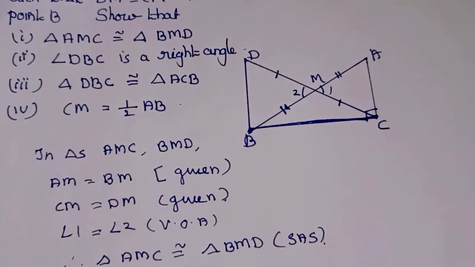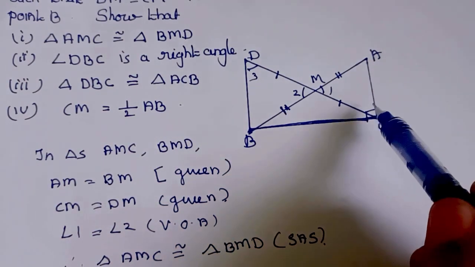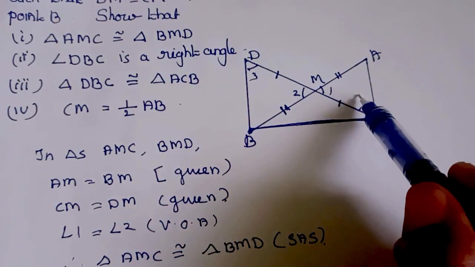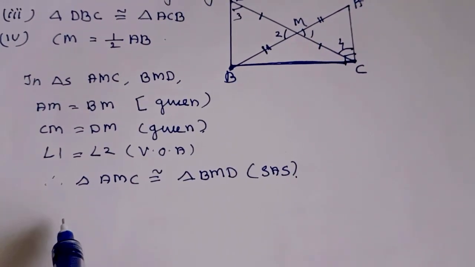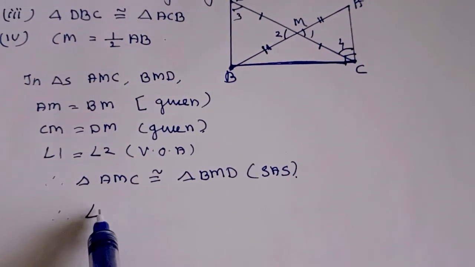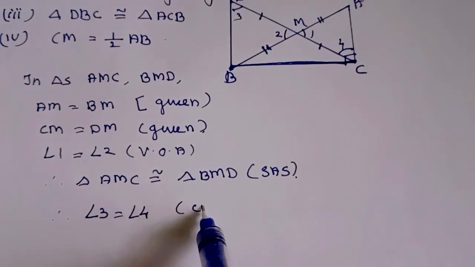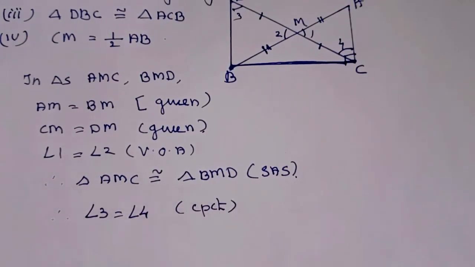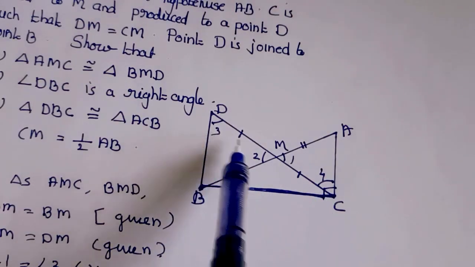Now, hence we get angle 3 equal to angle 4, reason corresponding parts of congruent triangles, CPCT. Angle 3 and angle 4 are alternate interior angles.